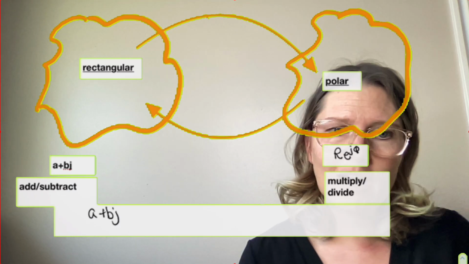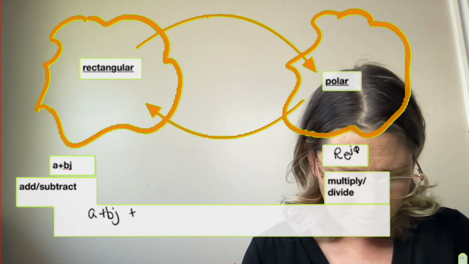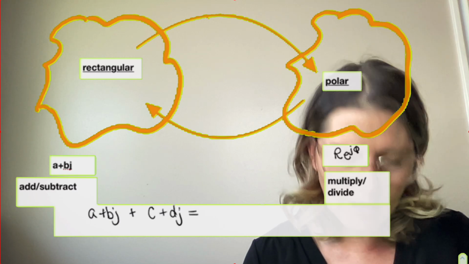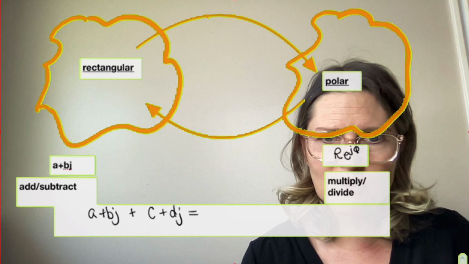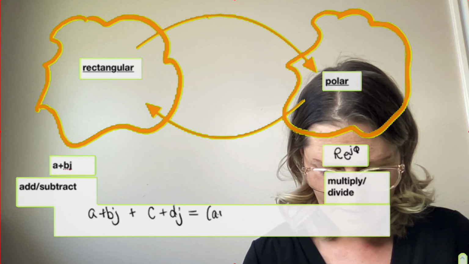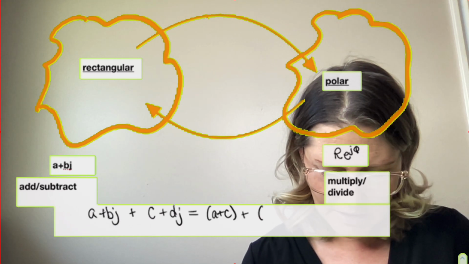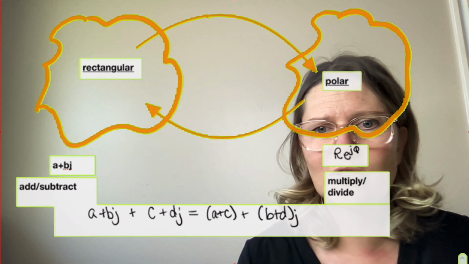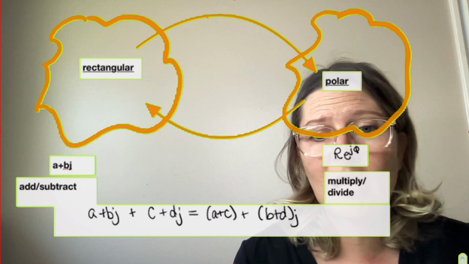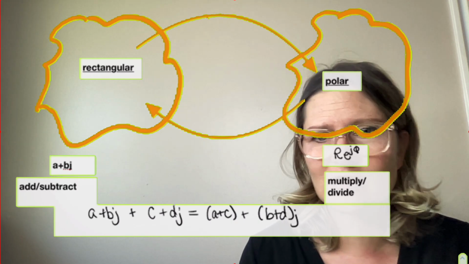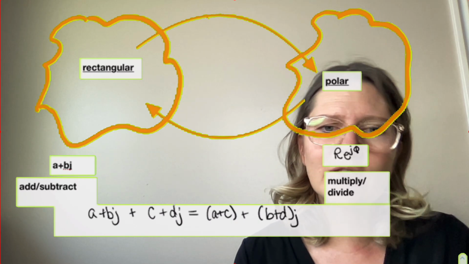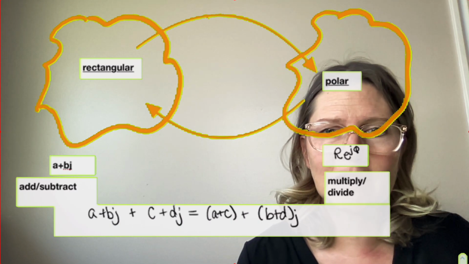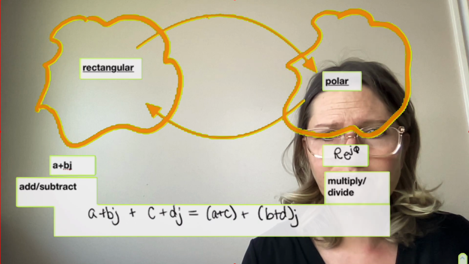So if I have a plus bj plus c plus dj, then I would just combine the real terms, which would be a plus c, and combine the imaginary terms of b and d, and that would be my resulting rectangular form. And then the same thing with subtraction, I could subtract off those. So I would add the real forms and add the values for the imaginary.